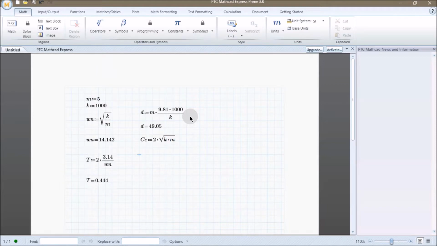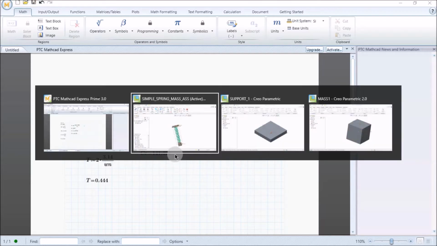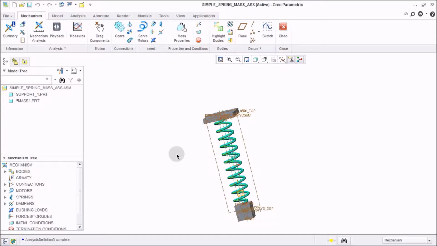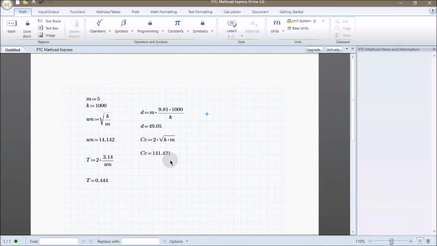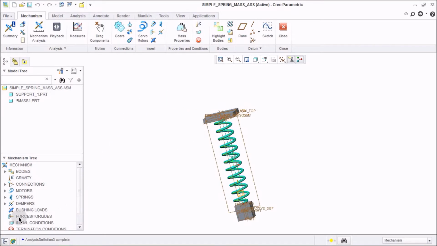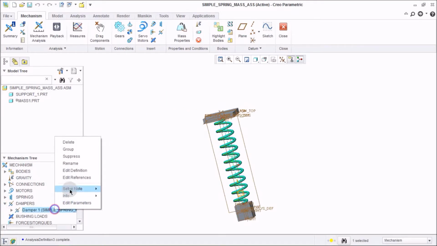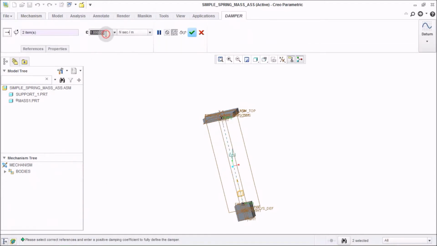So my value of the critical damping coefficient will be 141.42. As I have the value of critical damping as 141.42, my system behaves like a critically damped system. That means critical damping is the situation at which my system has no vibration. So I am copying this value and putting it into my damper. Paste this value and then okay.